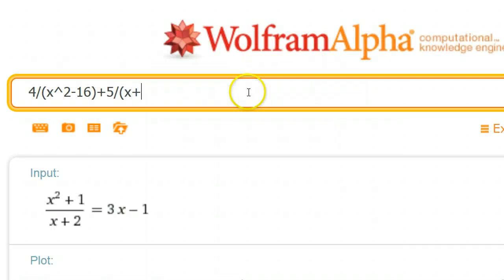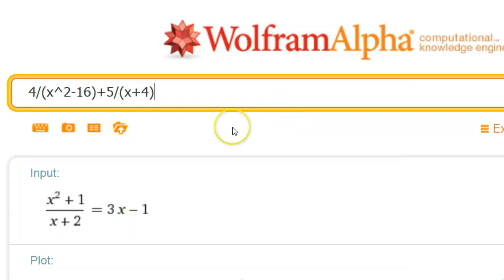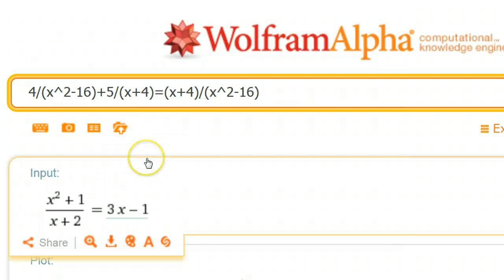Alright, the x plus 4 will need to be in parentheses. And then equals x plus 4 over x squared minus 16. So equals, and the x plus 4 will have to be in parentheses, over, and x squared with the caret minus 16, close parentheses. Alright, just hit enter.